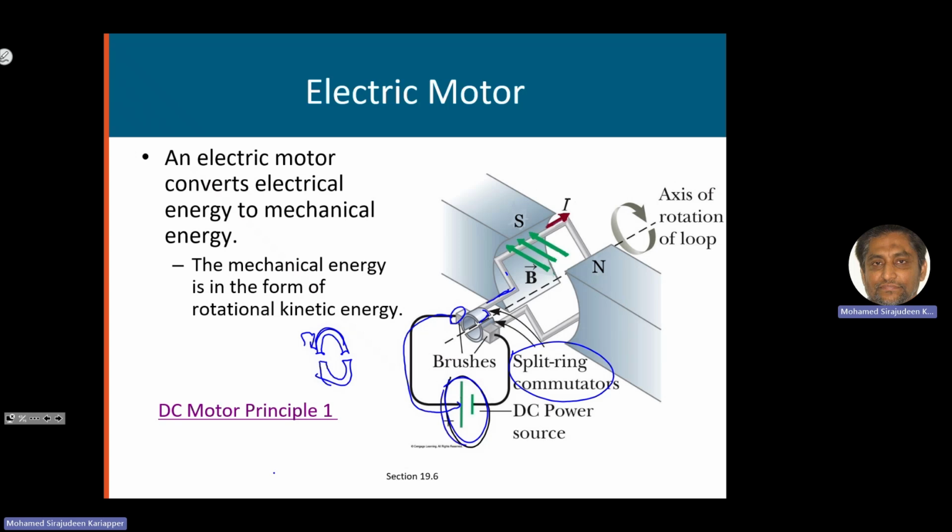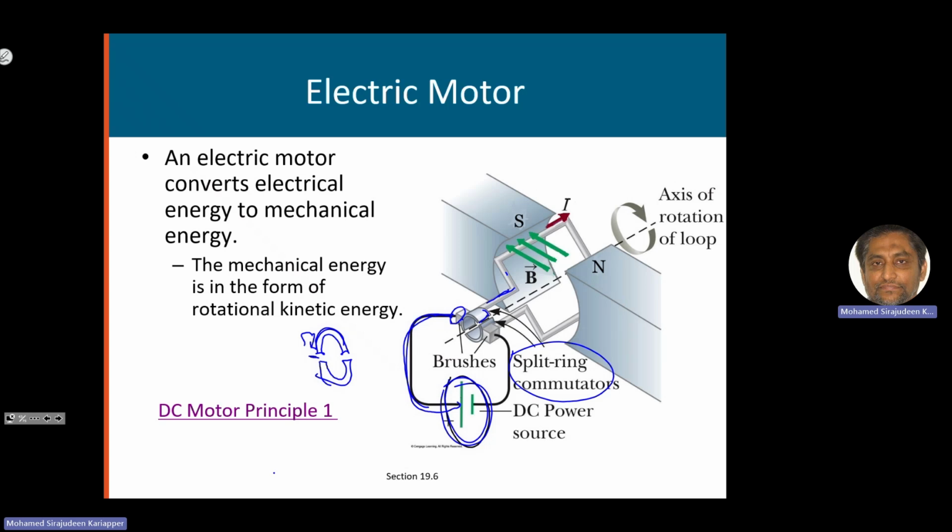But the brush is stationary, so it is touching the upper ring. When it comes to the vertical position, it will be in the gap between the two rings. You don't need to send current when it's in the vertical position anyway, because there is no torque.